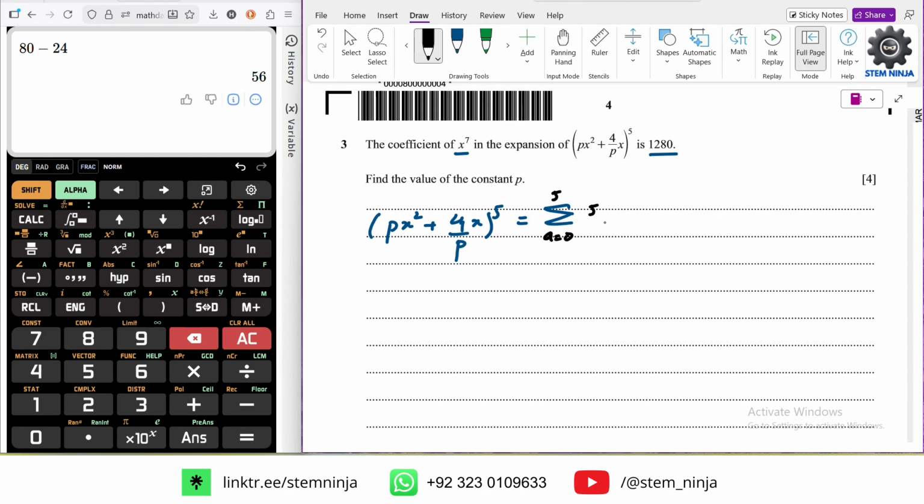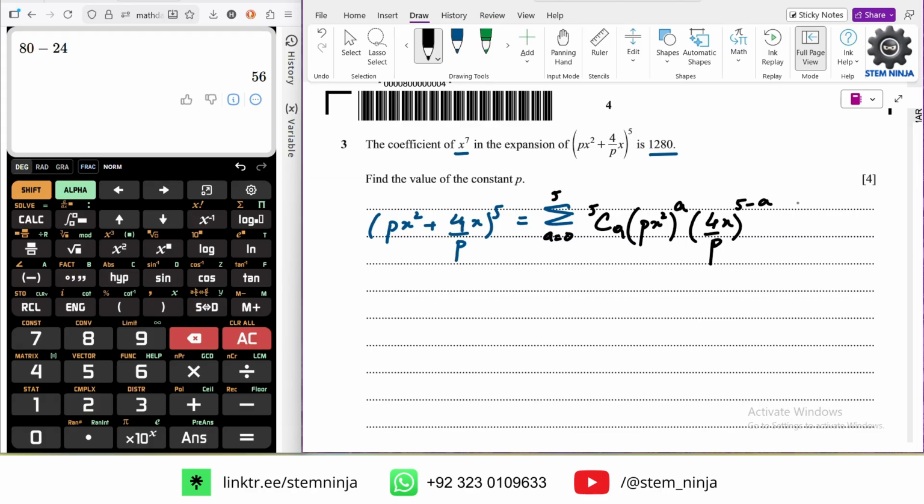This is going to be 5c0, px squared to the power 0. Sorry, a. This is also a over here, and then 4 over px, also 5 minus a.